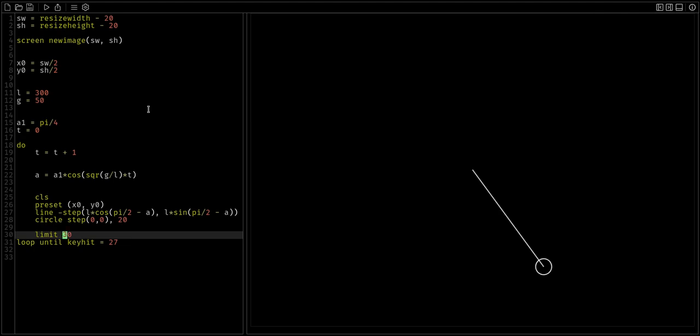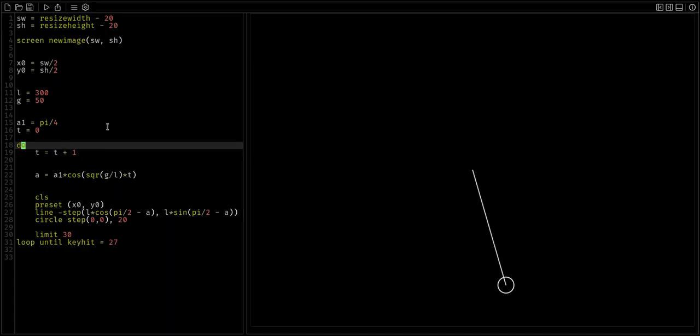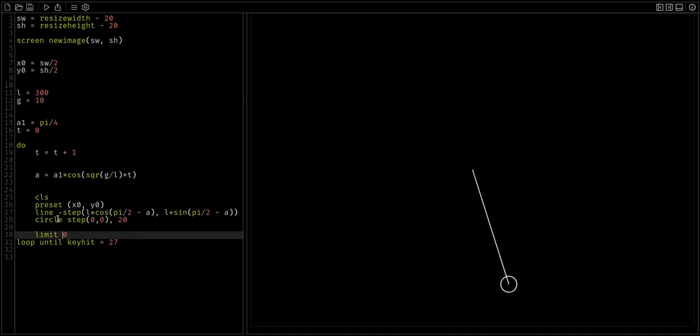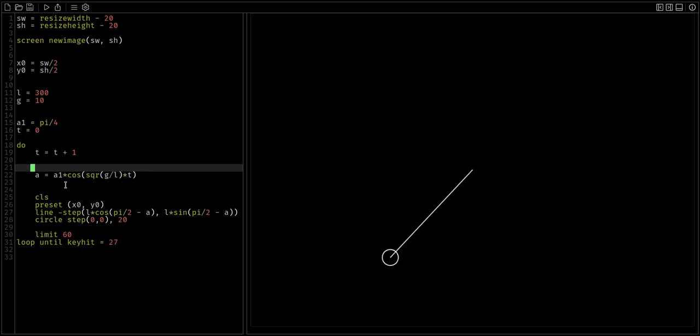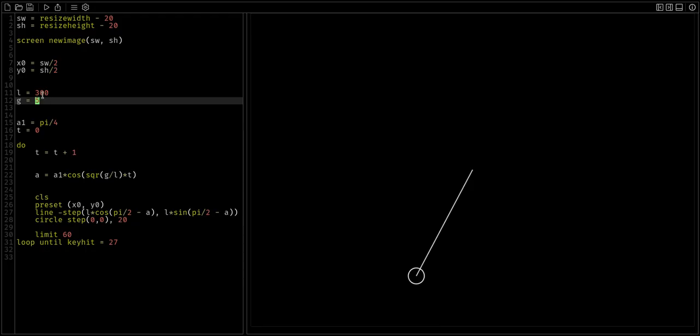Can slow this down. Maybe keep it at 60 and keep the gravity nice and low so that the acceleration due to gravity is small, and we see something of a pendulum.